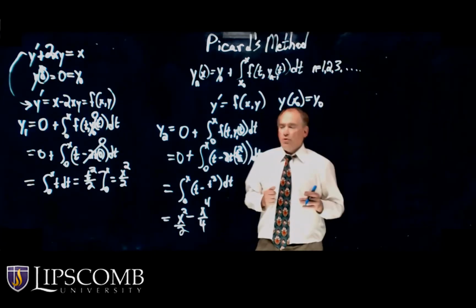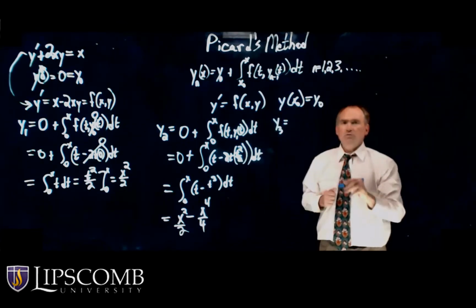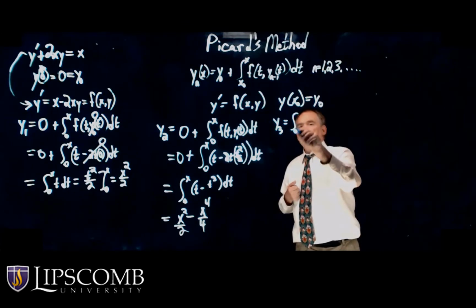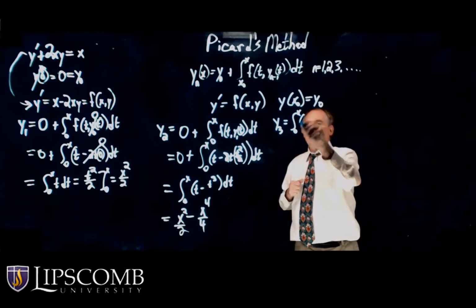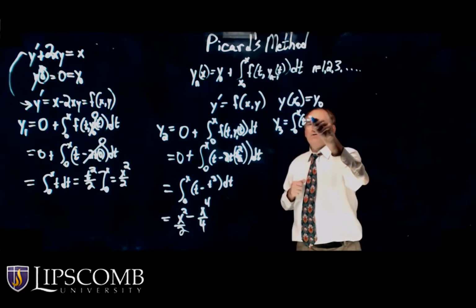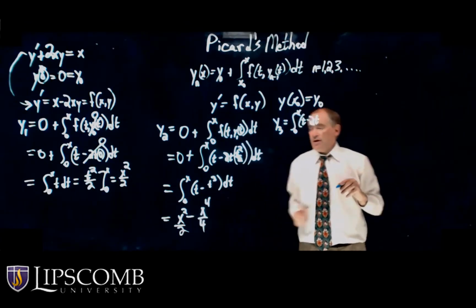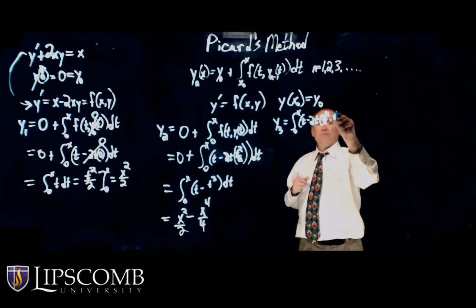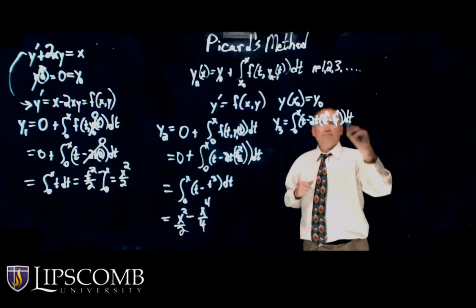Now let's do y sub 3. y sub 3 equals, I'll skip the 0, the integral from 0 to x of f of t, so again t minus 2t times what's y this time, which is t squared over 2 minus t to the 4th over 4, dt.